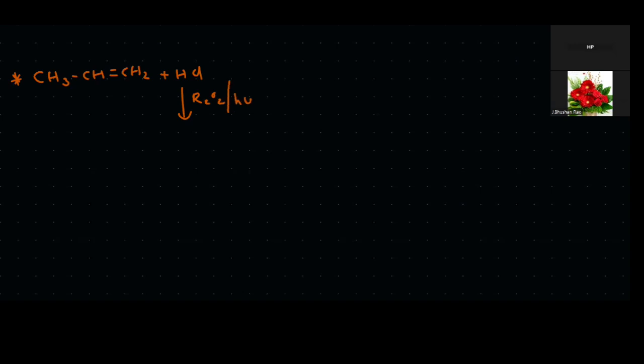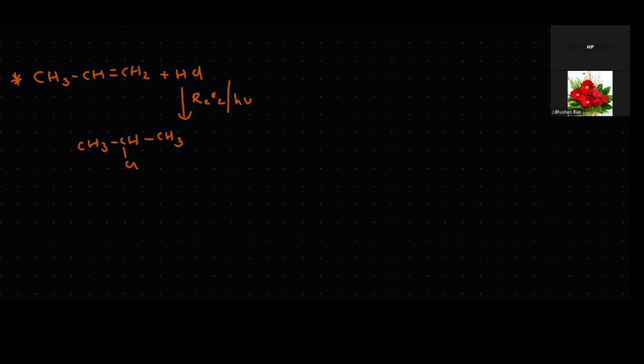The product is CH3CHClCH3. Here HCl is involved in the reaction, and the presence of peroxide does not affect it.